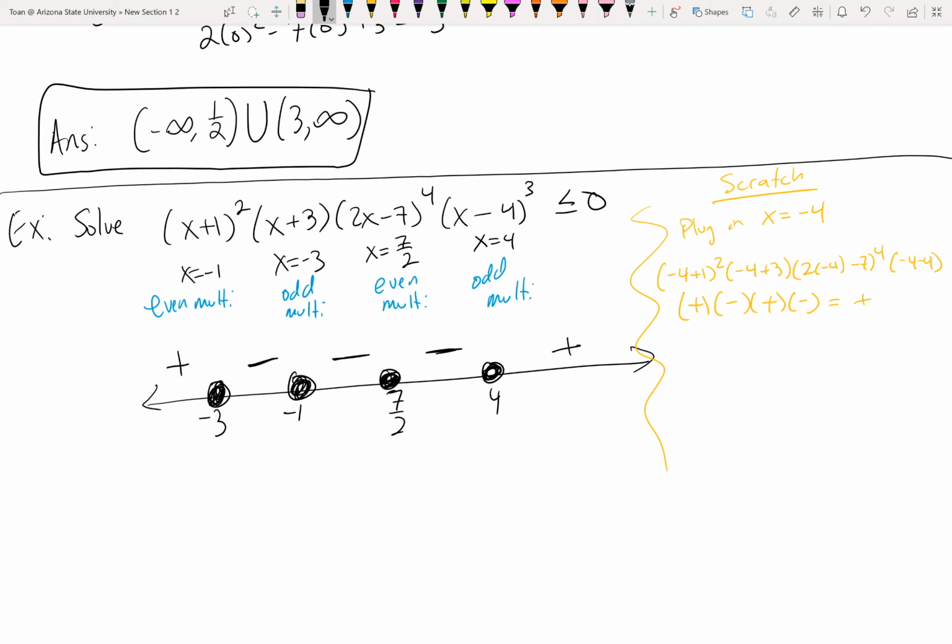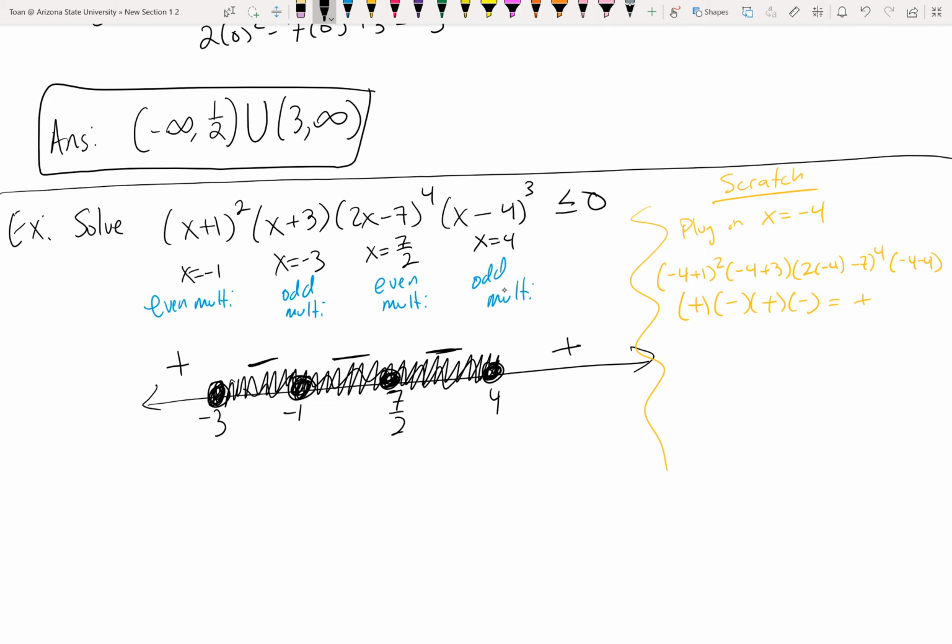You look at the inequality. Notice how in this case it says less than or equal to 0. Well, what type of numbers, positive or negative, are less than zero? Of course they're negative numbers. So we're going to shade all the regions that are negative. Notice how all these are filled in.